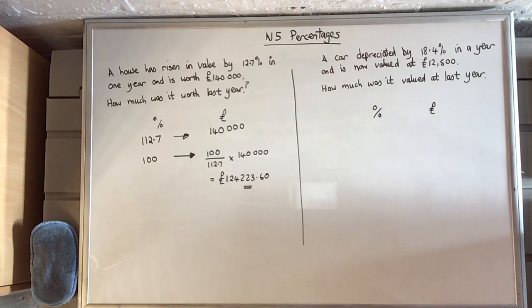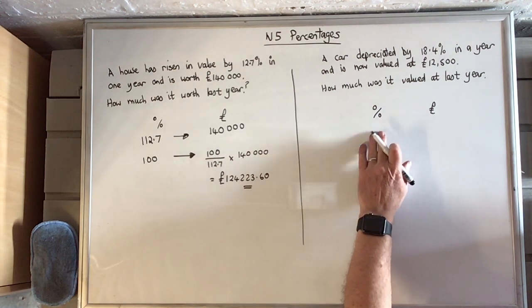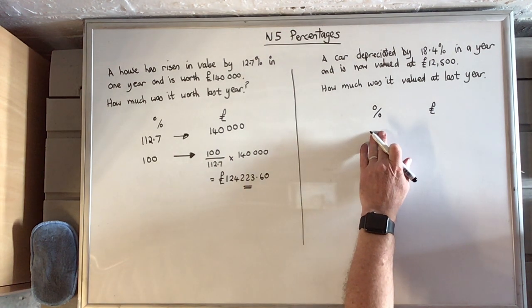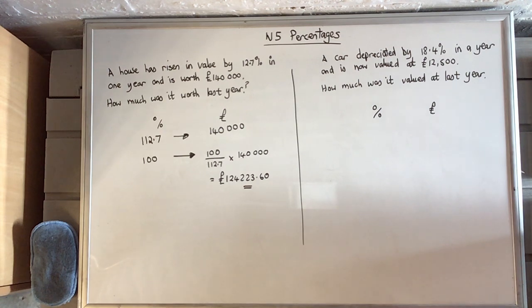A car depreciates by that amount. That means that the percentage in here is not 118.4 as a lot of people would put down. That's not right, because it's decreased by 18.4%.